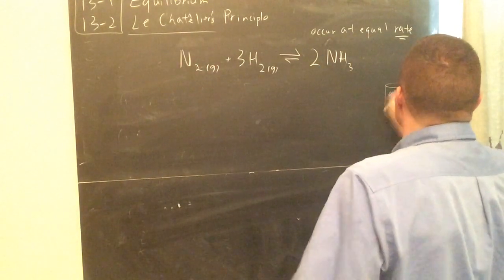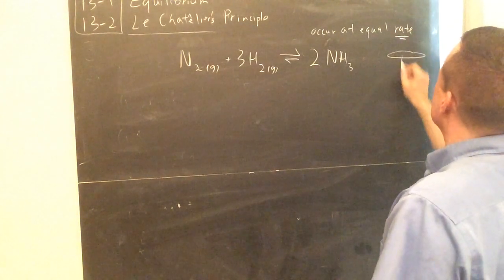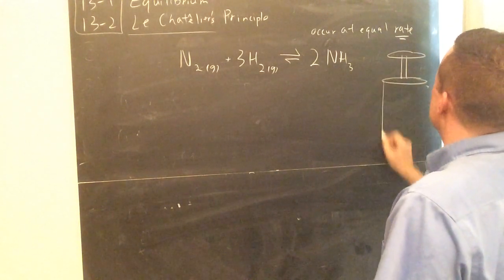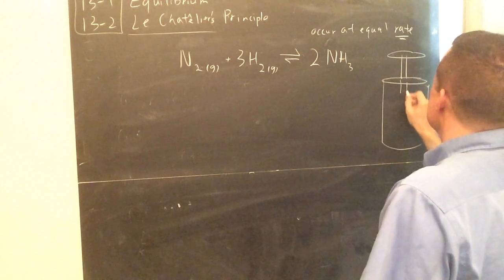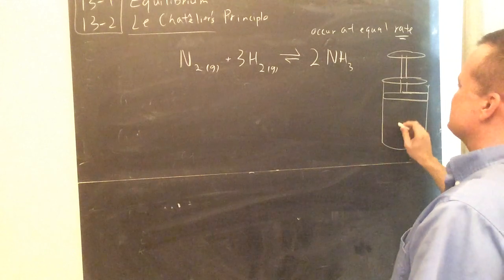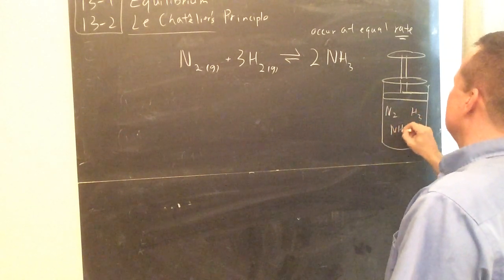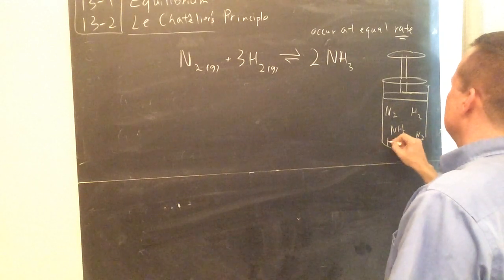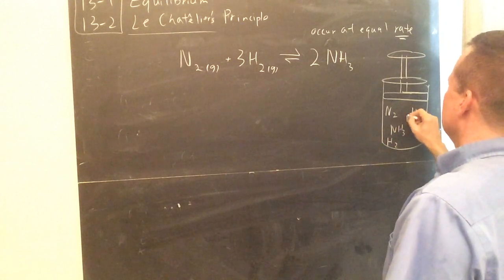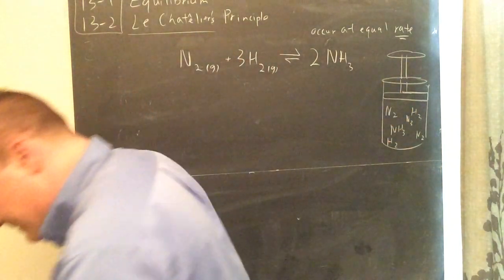How do pressure and volume relate? So if I have a movable piston with gases inside here, I'm going to have all these, N2, H2, and NH3. If I increase or decrease the pressure, let's think about what can happen here.